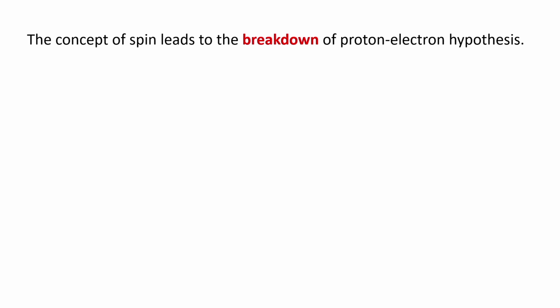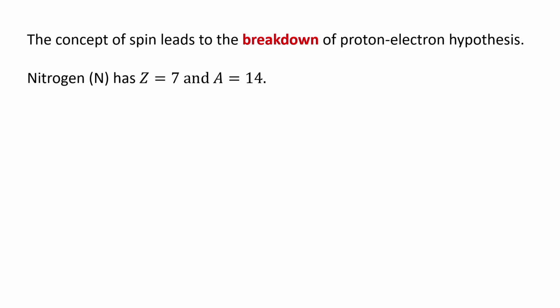Now, the concept of spin actually puts the first nail in the proton-electron hypothesis that one had thought of as a model of the nucleus. How it does so is that nitrogen has atomic number Z equal to 7 and mass number equal to 14.